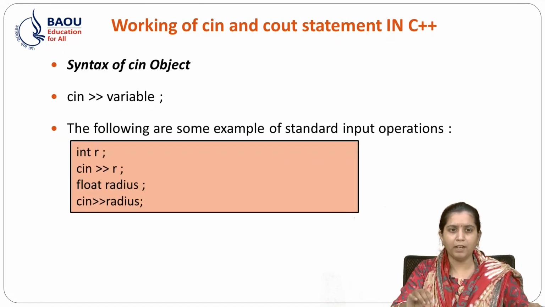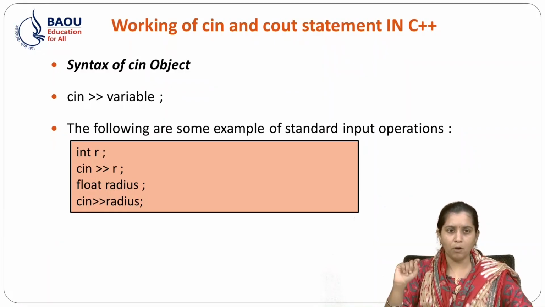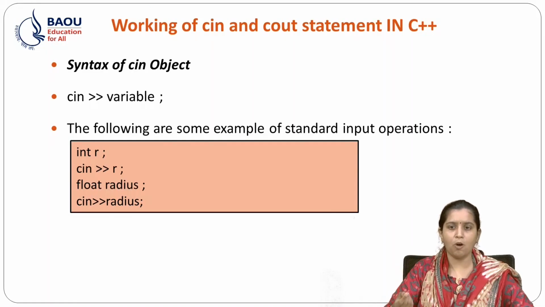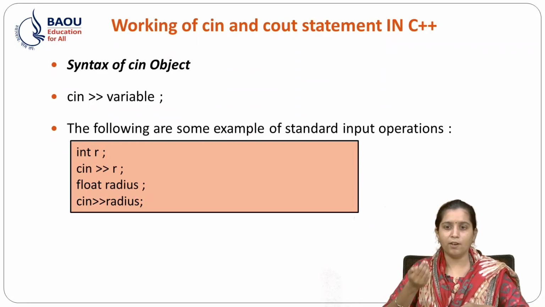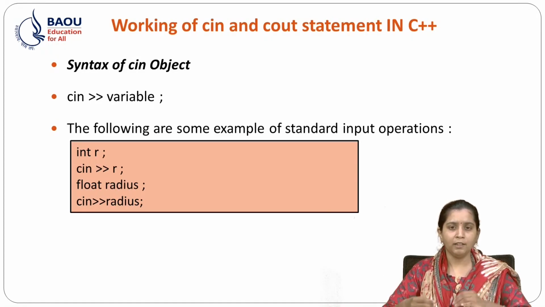For example, int r, then cin, then we have used the double caret symbol, which is known as the extraction operator in C++. After that, we have also initialized the radius variable in float data type, and then cin, extraction operator and radius. What this will do is take input from the user.